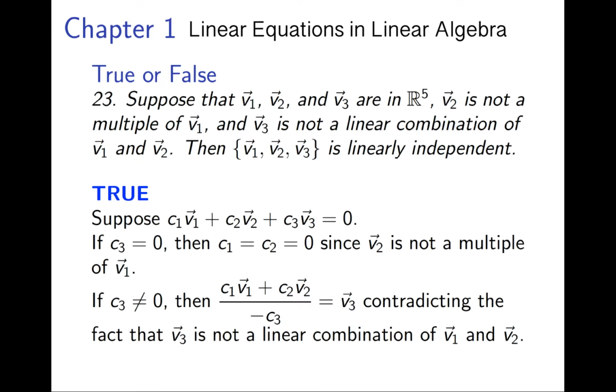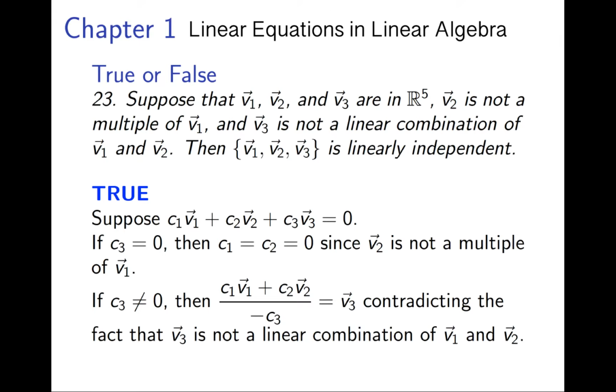To show that a set is linearly independent, we want to write out a linear combination of these vectors, set it equal to 0, and show that all of the weights must be 0. Okay, and so there's 2 cases we have to consider here. And I recommend going through this proof on your own, trying to recreate it.